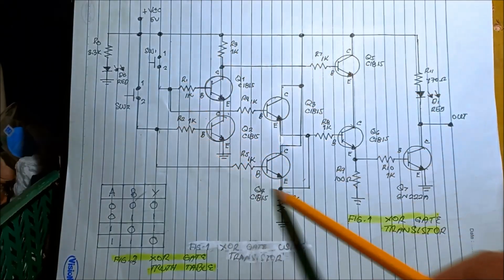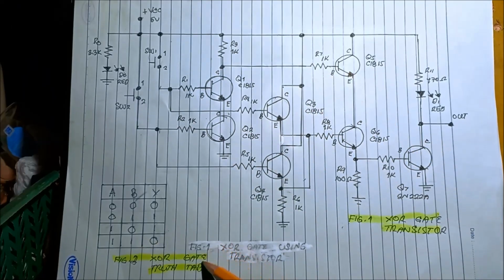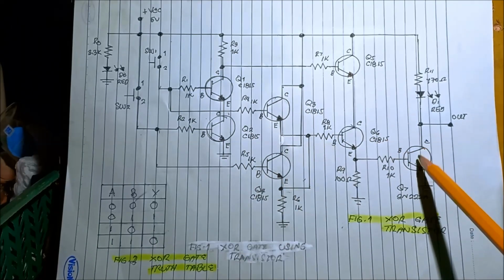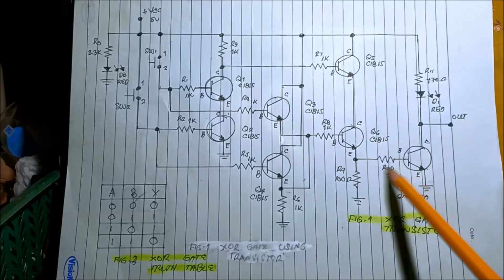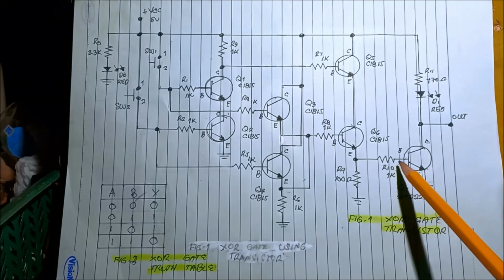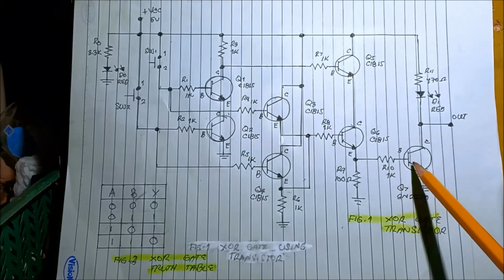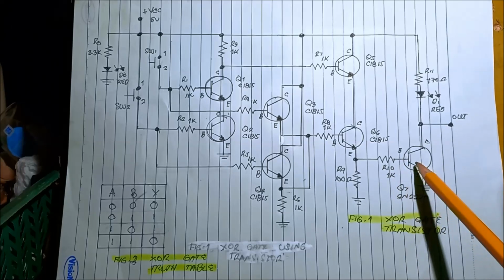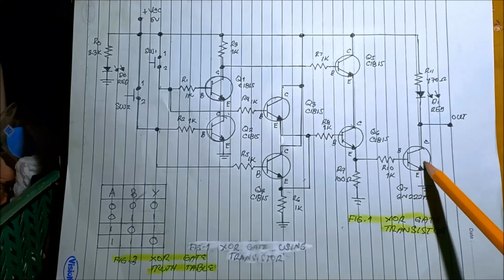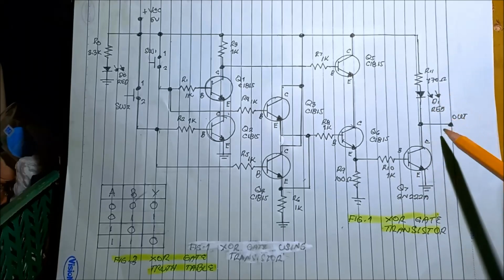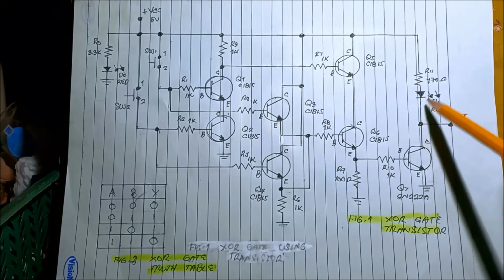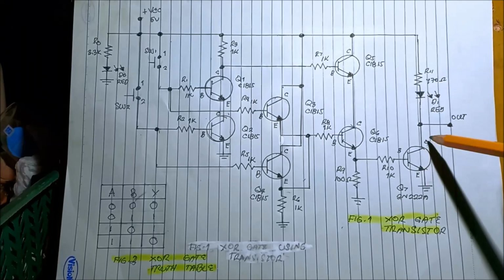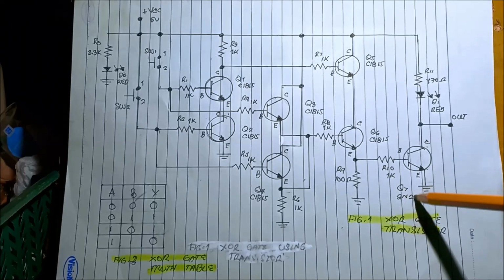This is the main circuit for the XOR gate, and this one is for the LED driver, an open collector type output. We're going to connect the output to the collector of this transistor.